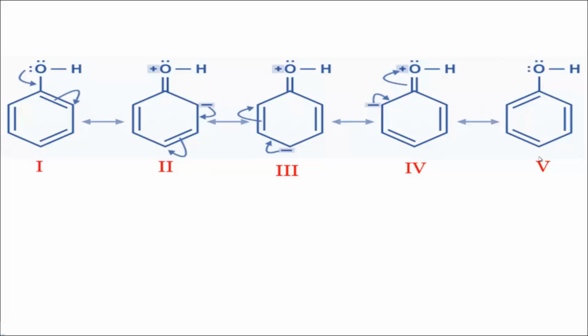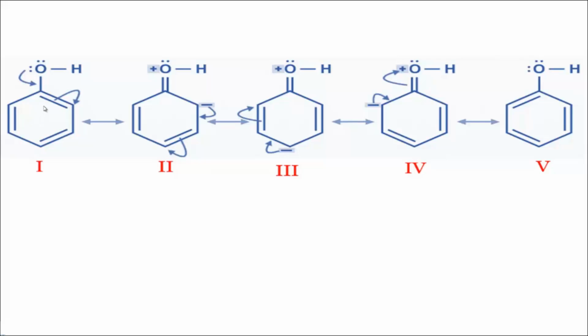So in structure number 5, this cloud has shifted inside. This cloud is back onto the oxygen. So now you see the benzene ring is now having 3 alternate double bonds exactly in the next position than that of the starting structure.